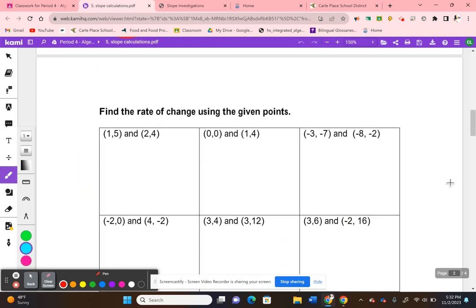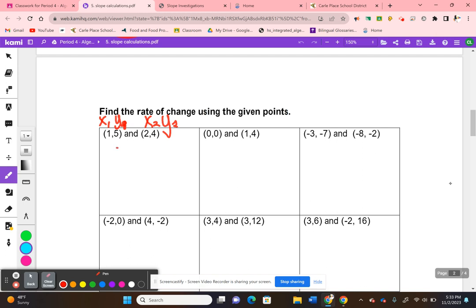So basically, it doesn't really matter which point you're going to use first or which point you're going to use second when you're just given points. On the graph, you usually start with the point that's further to the left. I'm going to call this first point my x sub 1 and my y sub 1, and the second my x sub 2 and my y sub 2, only because it comes first.